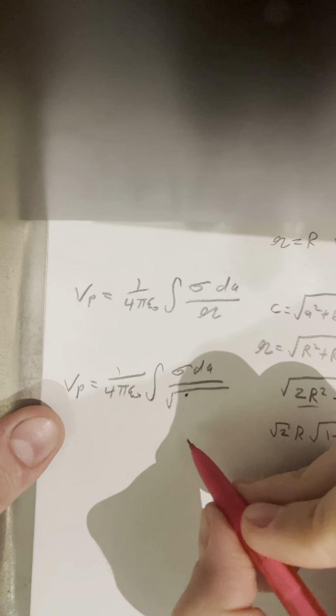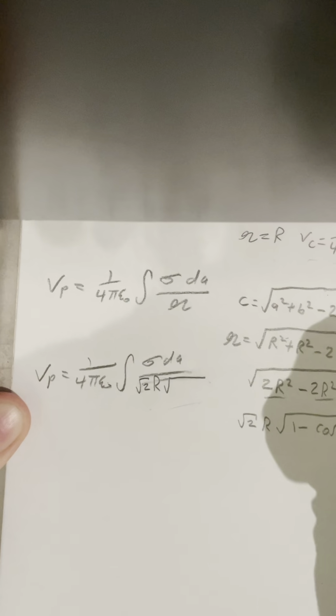Let me erase some of this square root so I can write our terms properly. So we have square root of 2, R, square root of 1 minus cosine theta. And so now we have this.